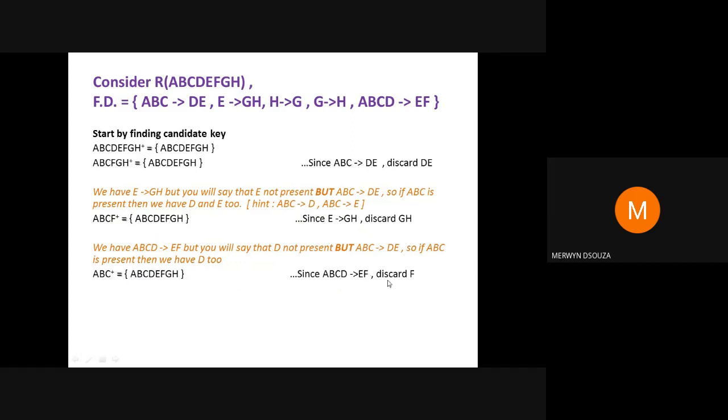If you try to discard further, it's not possible. So let's claim that ABC is my minimal super key, and now find out the proper subsets of ABC. Compared to the initial way I had shown you, instead of having 5 attributes and finding the subsets, we now have 3 attributes and you're finding the subsets.